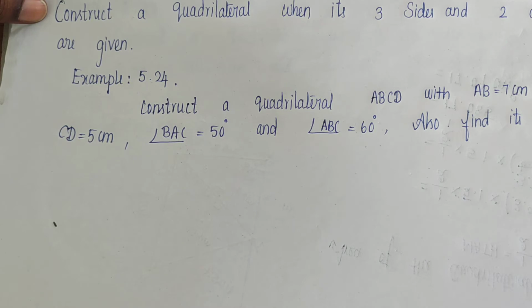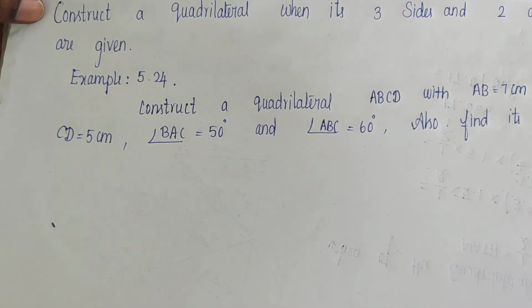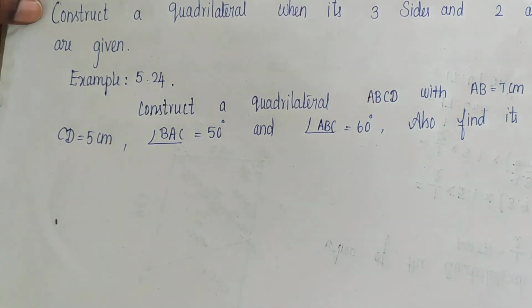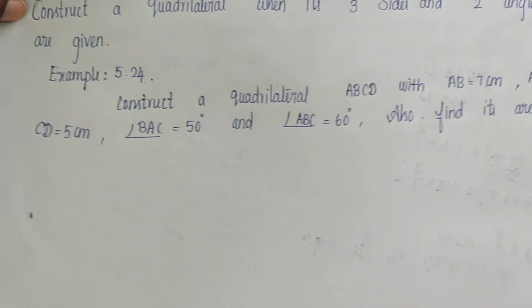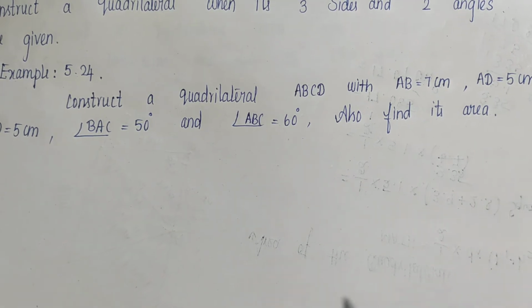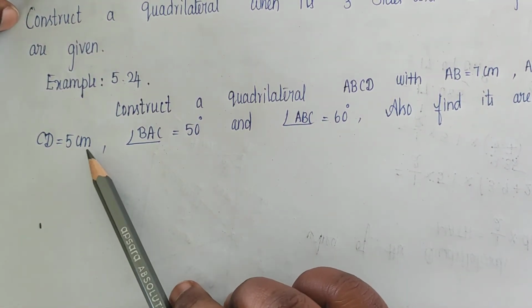Okay students, example 5.24. What is given in this example? Construct a quadrilateral ABCD, with AB equal to 7 cm and AD equal to 5 cm and CD equal to 5 cm.